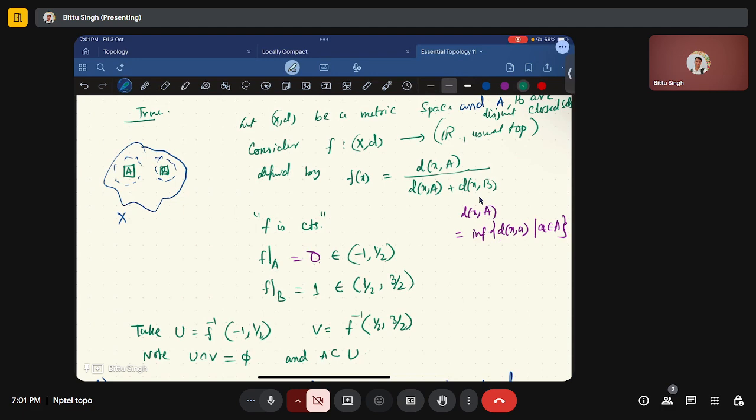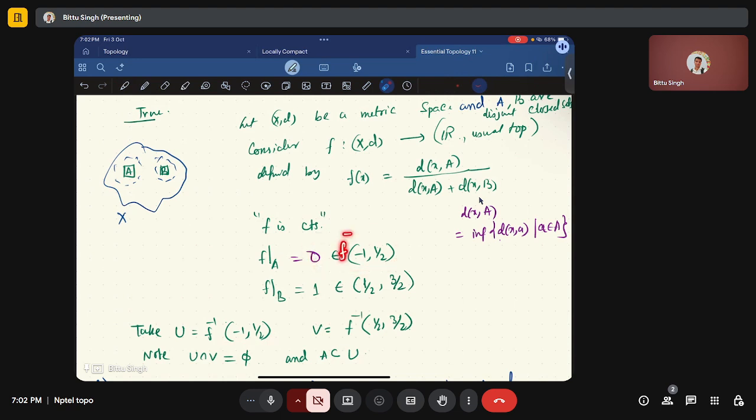Why is this the case? Because if we take any element from this A, then if we apply f, we'll get 0, and 0 belongs to this neighborhood (-1, 1/2), right?